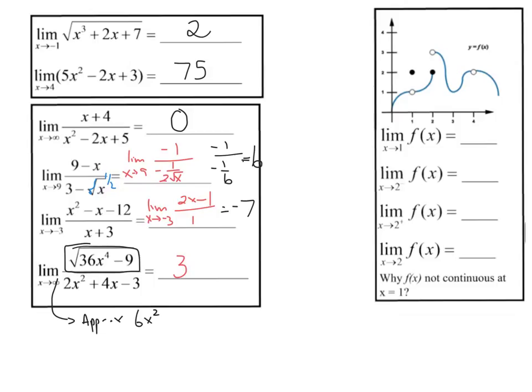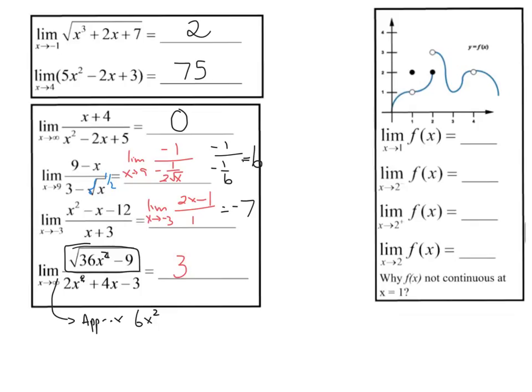But remember, with square roots, it is possible to be approaching a negative value because, if let's say this was 36x squared and 2x, so it became 6x over 3x, it's possible if the limit was going to negative infinity that the top, which would always be positive, will still be positive, but the bottom could be negative. So just be aware that square roots open up the possibility of 2 horizontal asymptotes.